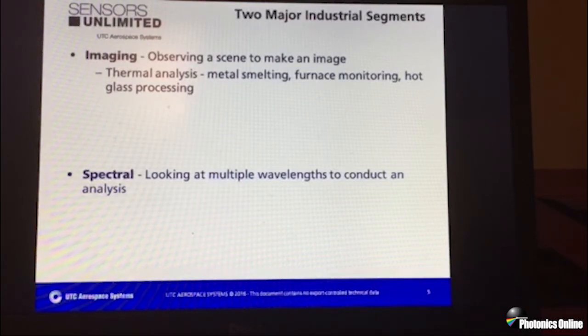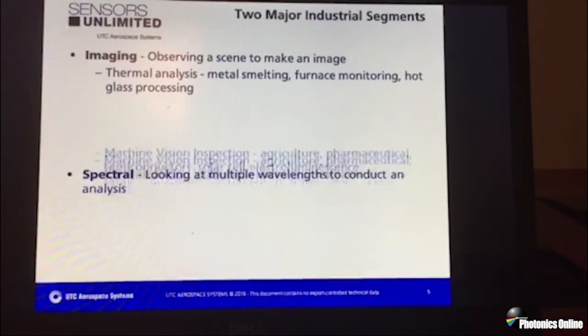Many times thermal cameras can't be used because the safety glass blocks them. In hot bottle glass processing, we're used because we can see inside the bottle to find a defect that a thermal camera won't.